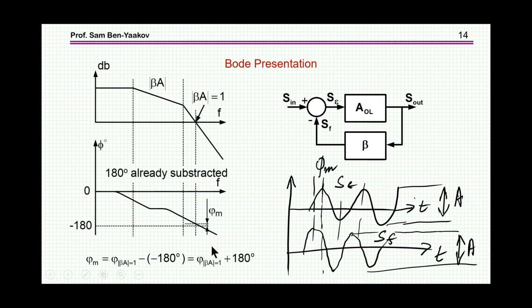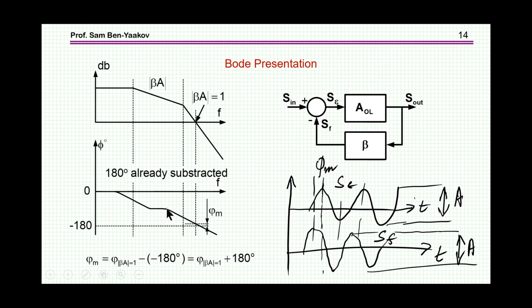Also, there is importance to how close we are to 180 degrees. Now notice that 0 here is already a phase reversal of 180 degrees for the negative feedback. Another 180 means that we came back to the same phase, okay?